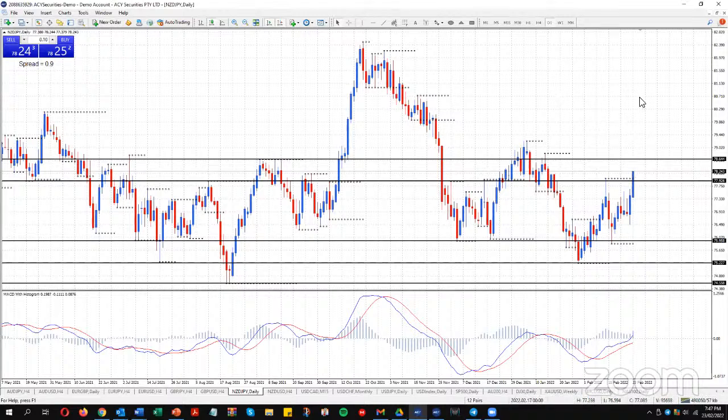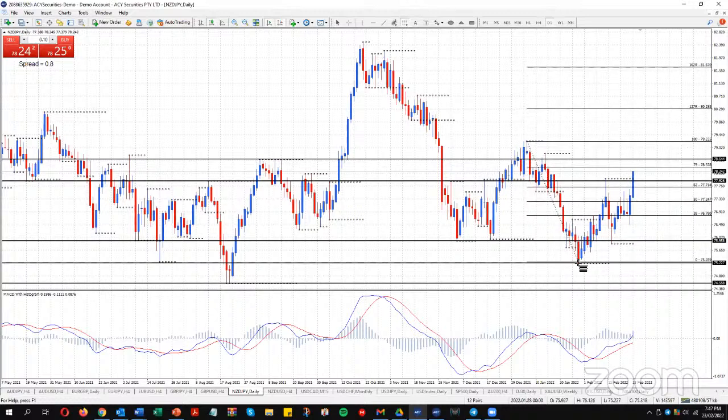But I think if you wanted to be a buyer, when you saw some support coming down here at 75.95, approximate 76 level, that was the area to start to think about being a buyer. Up here, thinking about taking profits.